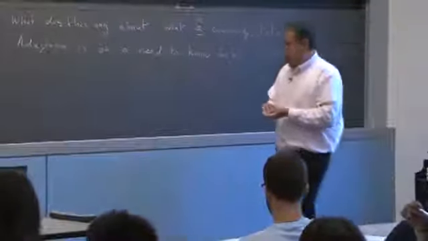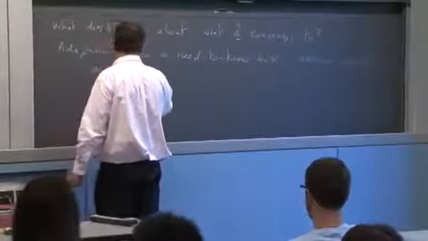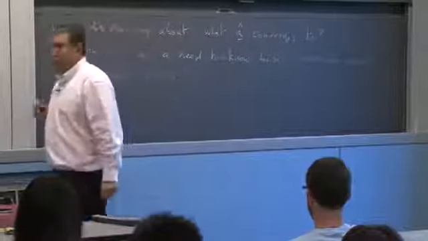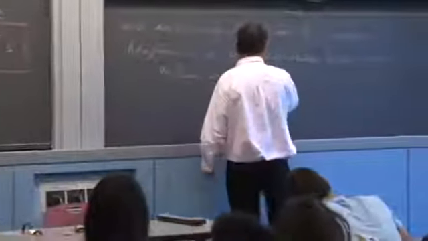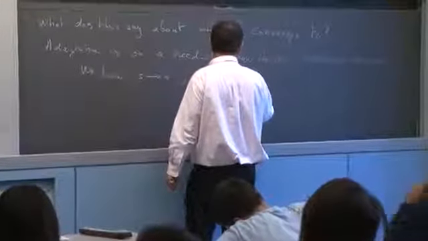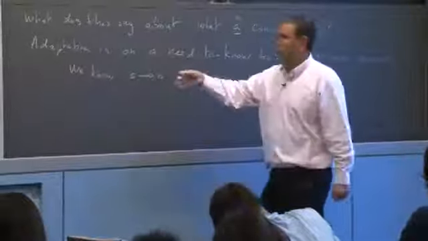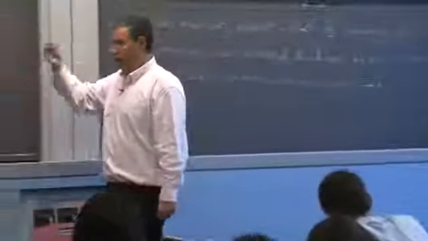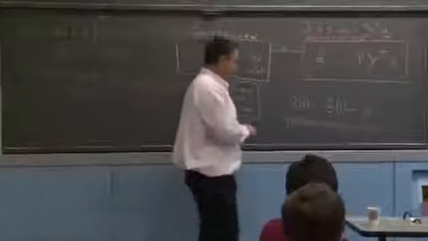So let's see, what do we know? Okay, we know S tends to 0. Okay, so that's clear. We can verify easily S dot tends to 0. Why? Because you compute S dot and all the terms in S dot are bounded, which is, by the way, what is needed to show that V double dot is bounded.